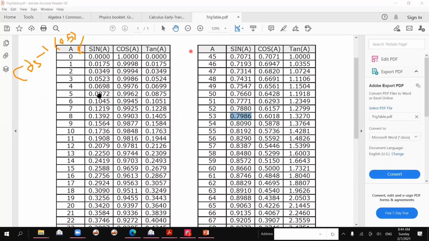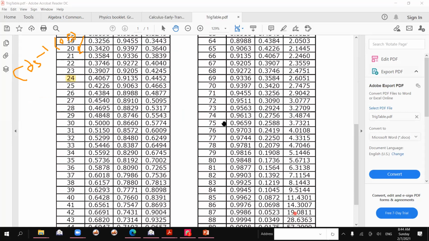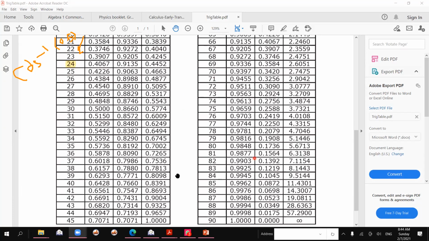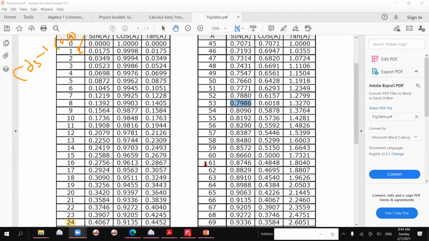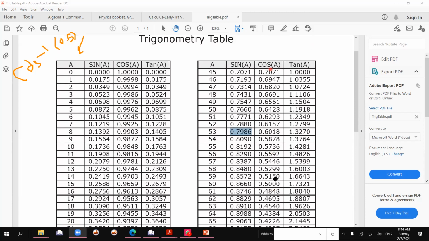Now what do I have to do? I go to the column of cosine and search for 0.5. Where's 0.5? It is here. Cosine is 0.5, so cosine inverse of 0.5 will be angle 60. I have the cosine and I need to find the angle, so I go back to this side here and look at that point.